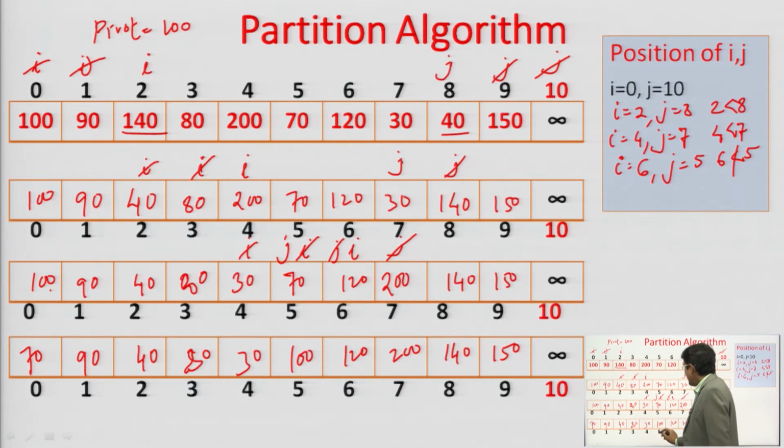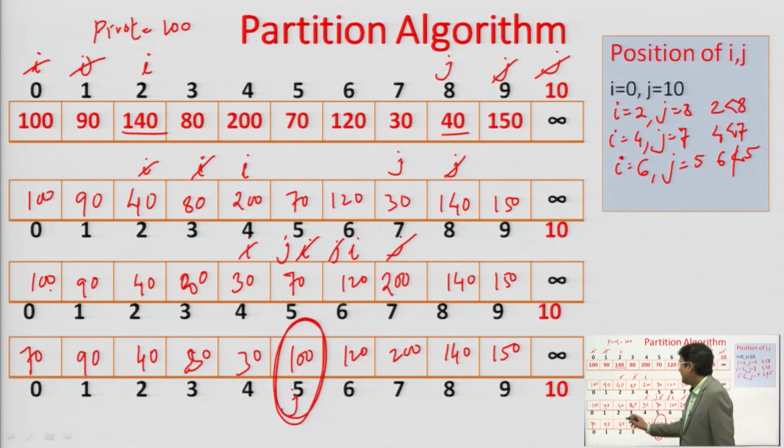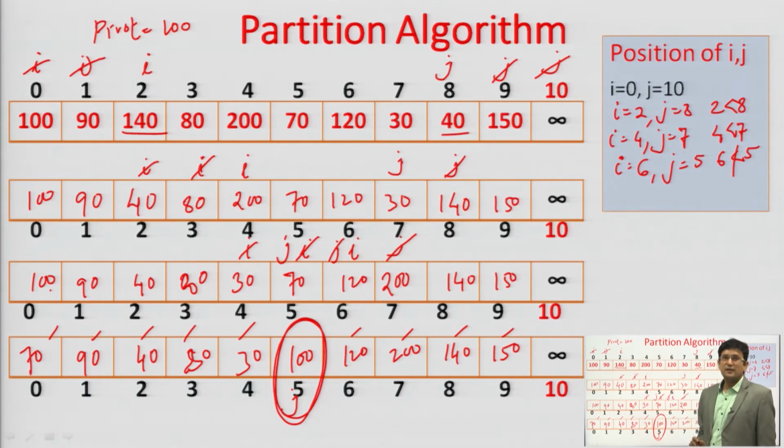Now, this was the j index, the 5 index was the j index, and the position of this element has got fixed in the sorted array. You can see that all the elements lying towards the left of this jth element are less than 100 and all the elements on the right of the 100 are greater than 100. It means the partition has been done correctly. We have found that the array has now been partitioned into two parts.